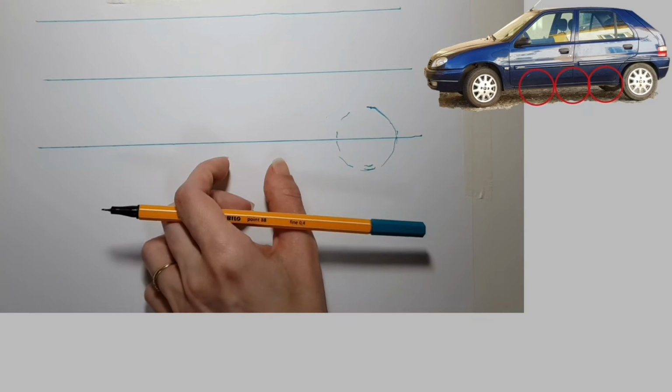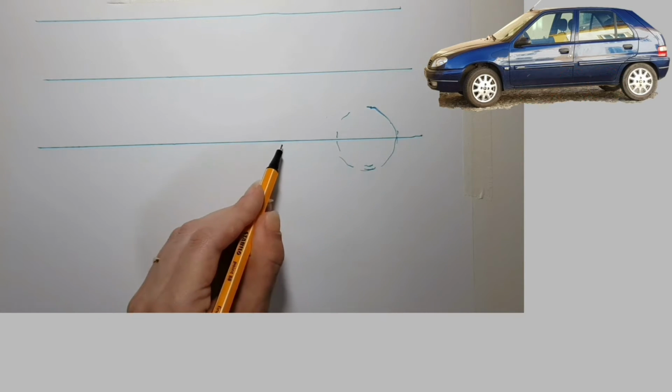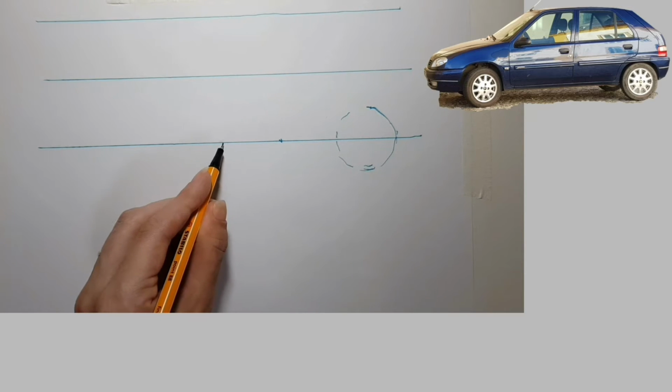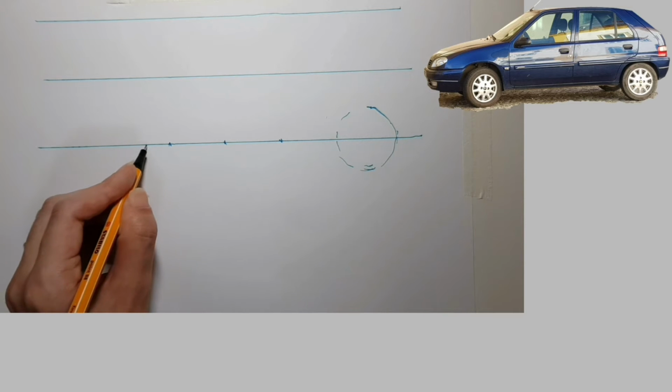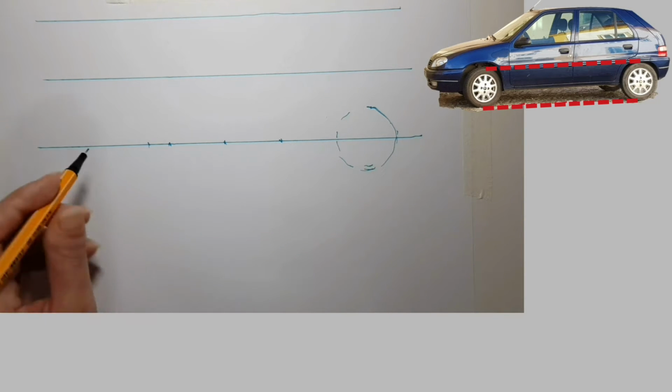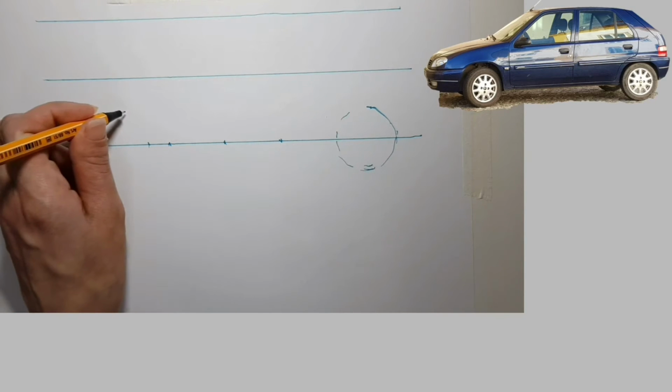In this case, the distance between the two wheels is a little bit more than 3 wheels. If you want to make sure that the wheels are at the same size, you can draw guidelines from one to the other.